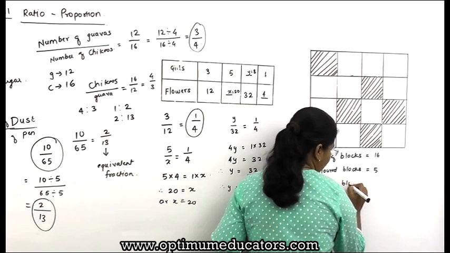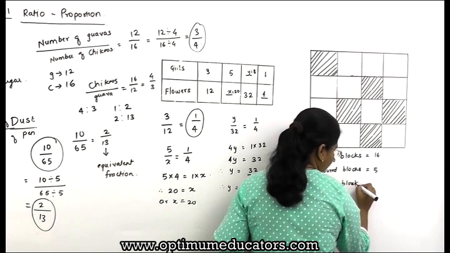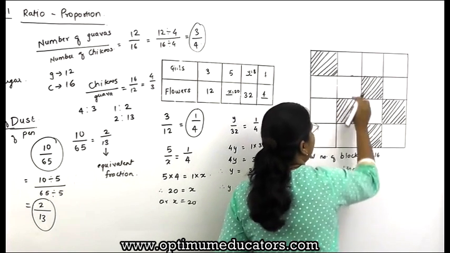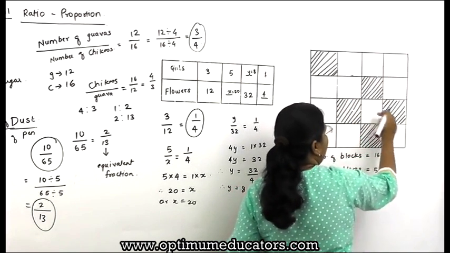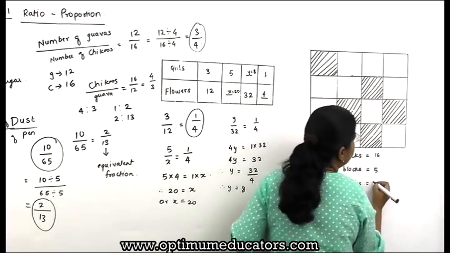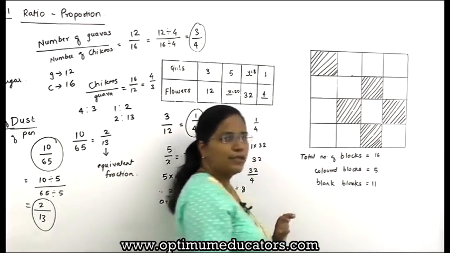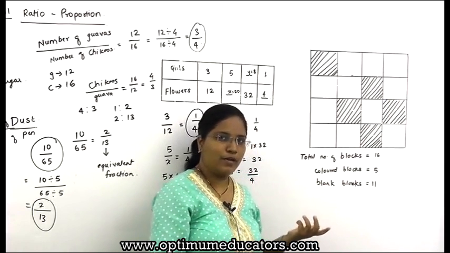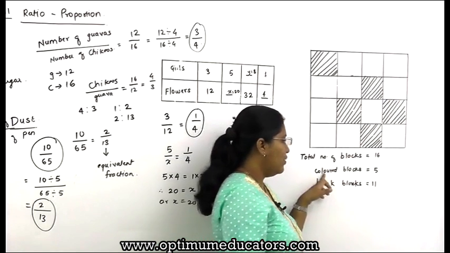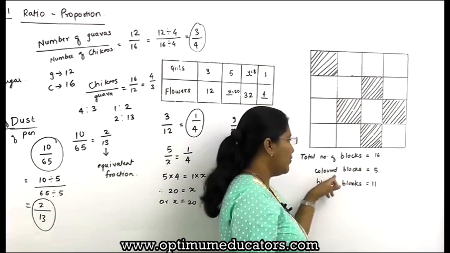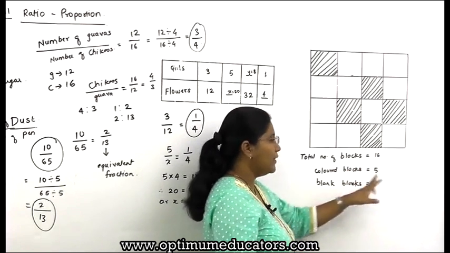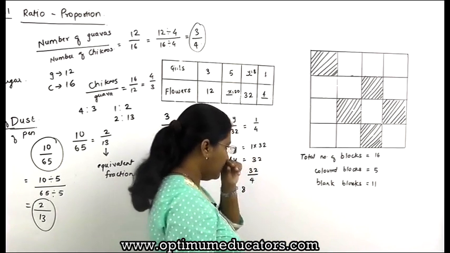Yes, count the number. 1, 2, 3, 4, 5, 6, 7, 8, 9, 10, 11. It is very simple. Without counting also you could have got the value. How? If total are 16, out of that 5 are colored, remaining must be blank. So 11 are blank.